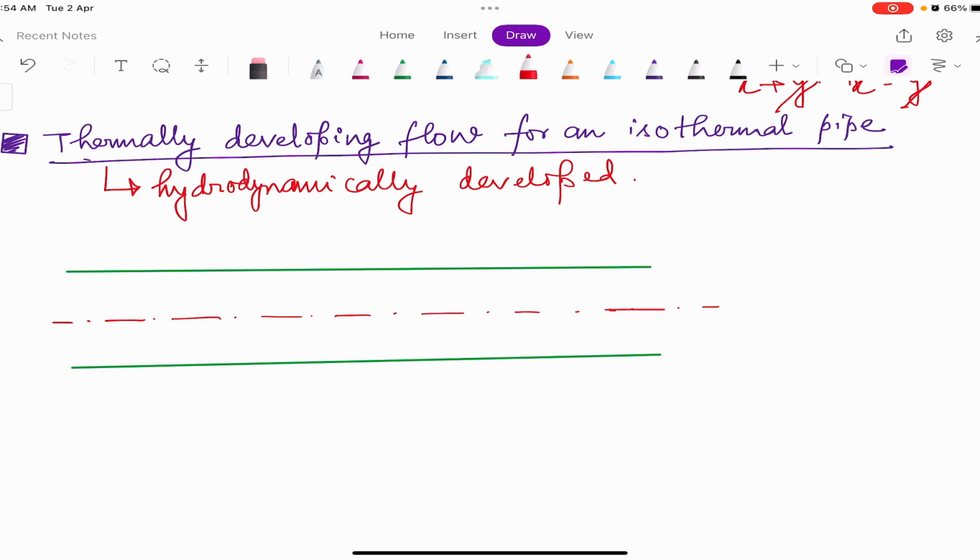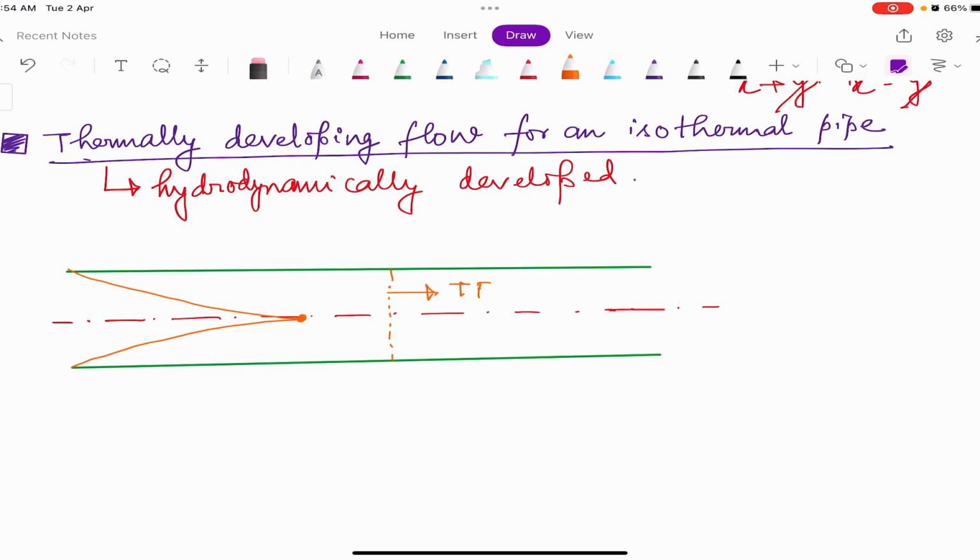If this is the thermal boundary layer, here the boundary layers have joined, and the thermally fully developed flow starts after this.